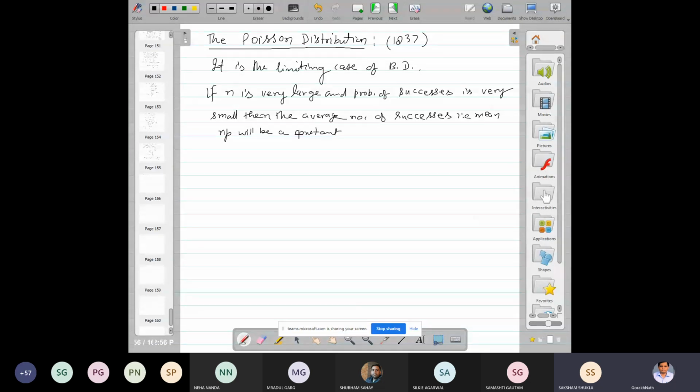If n is very large, number of Bernoulli trials is very large, and the probability of success p is very small, then the average number of success n into p is almost constant, because n is large and p is a very small quantity. The product, the mean average number of success, will be a constant, say lambda.